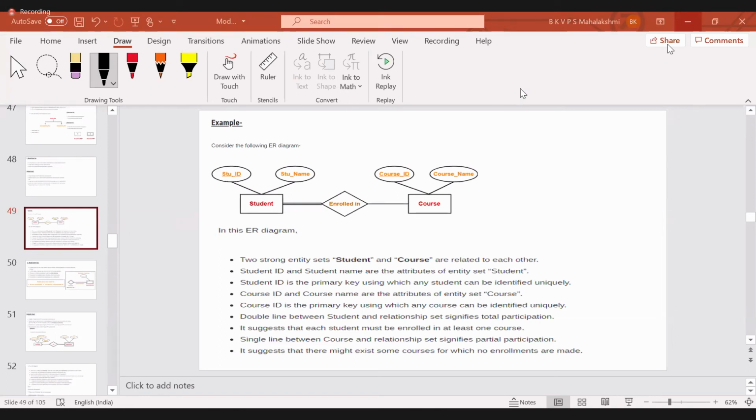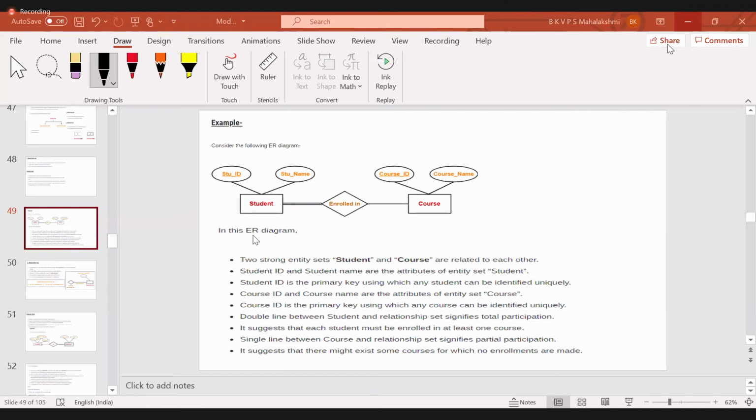How many of the entities? Good. Okay, 2 entities. What are those then? Student and course, ma'am. Student and Course. Good.